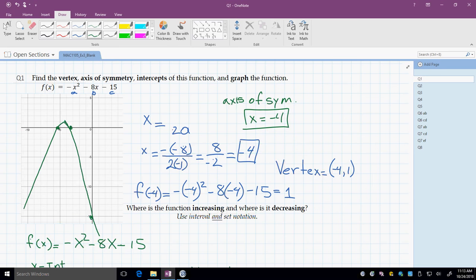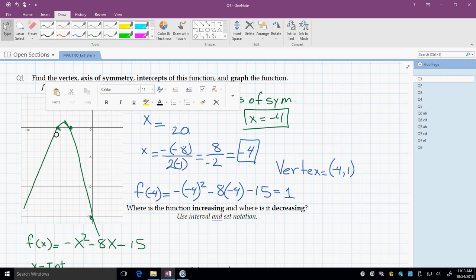The last thing that is being asked for this problem is increase and decrease. The function is increasing coming from negative infinity until -4, because we're looking at the x-axis. The highest point is here.